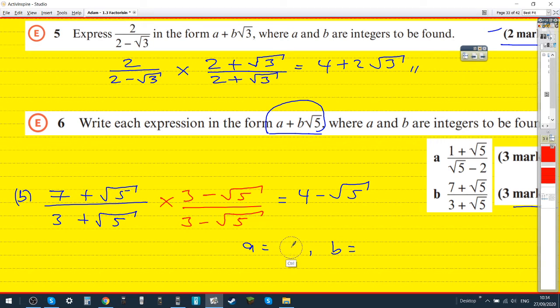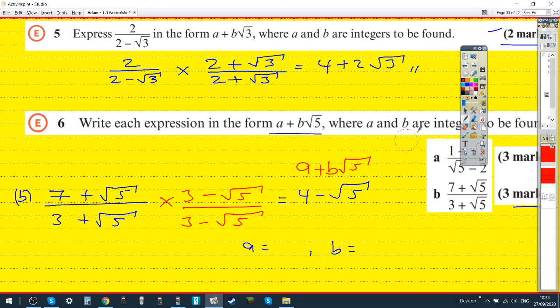I just think that A and B should be 2 plus 2, which would equal 4. No. A plus B root 5. Match them up. What number is A? Would it be 4? So A is 4. And any idea about B? Would it be 1? Yes, 1. Because it's like 1x, 1 root 5. Yeah. Something's missing though.